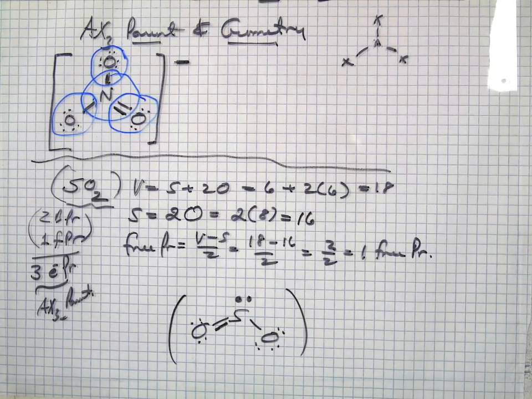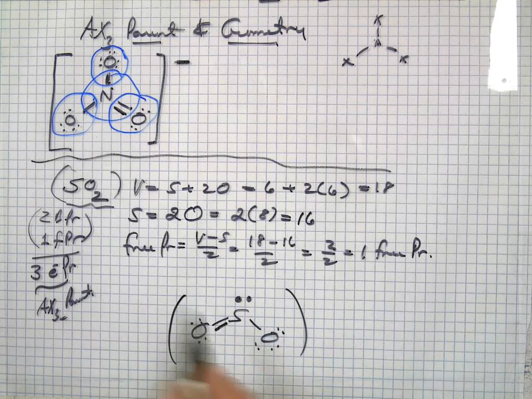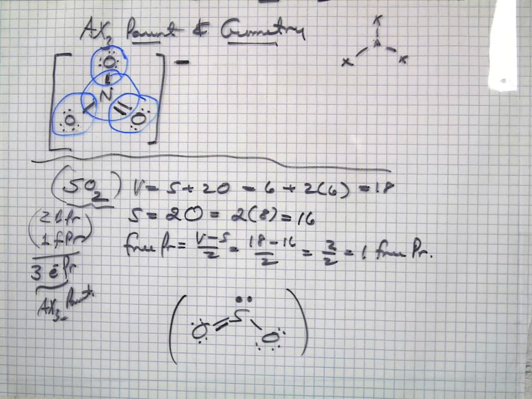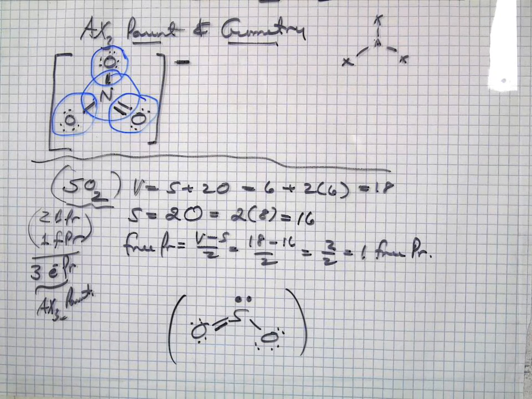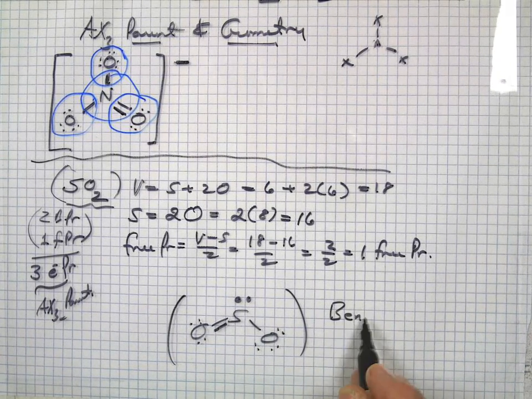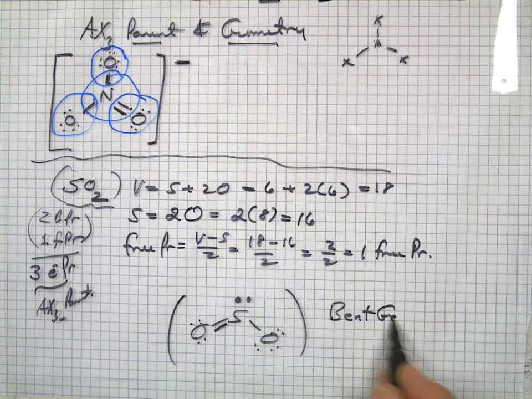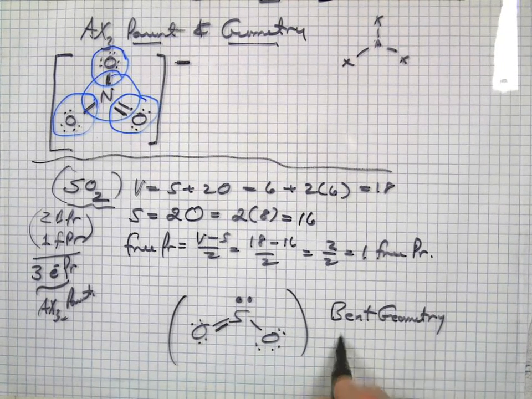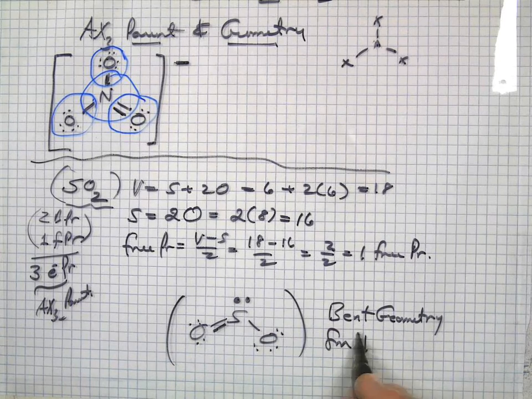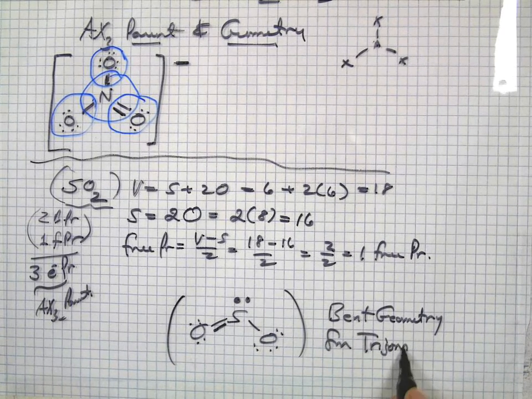This is what we call a resonance structure. This bond kind of floats back and forth, but for this purpose, you can leave it on one side. So we now have a bent geometry from a trigonal planar parent.